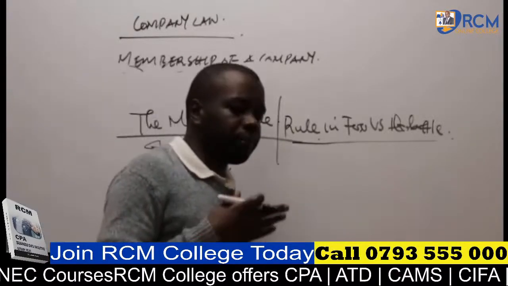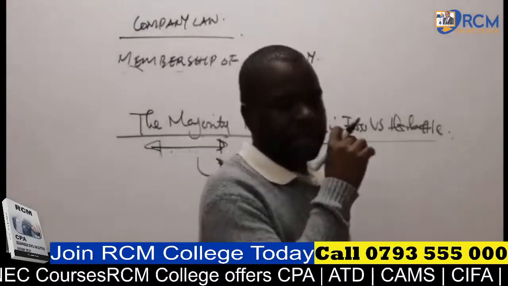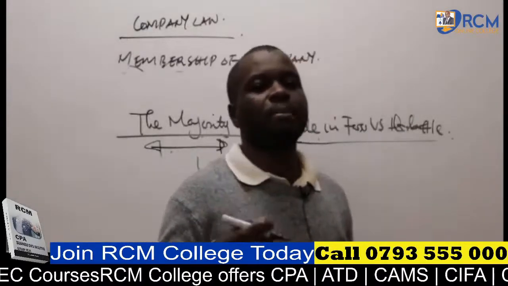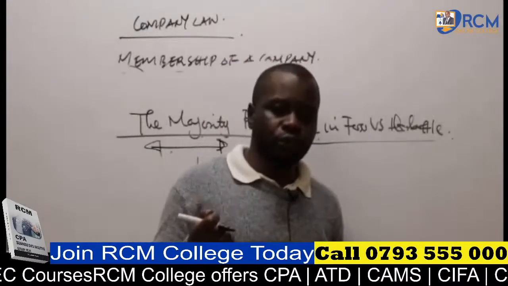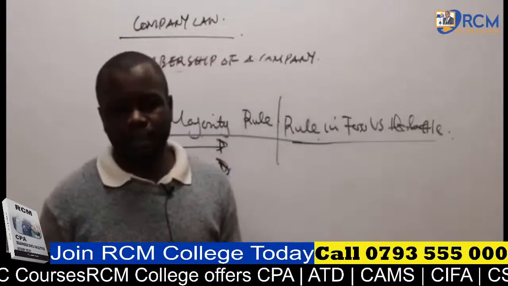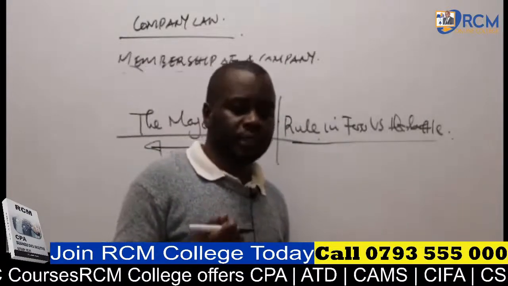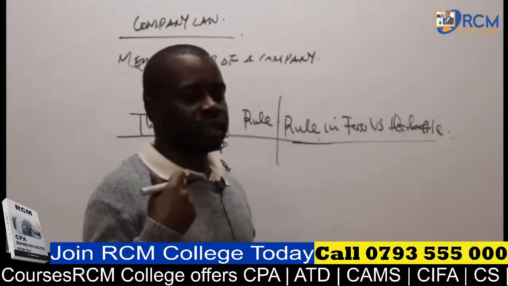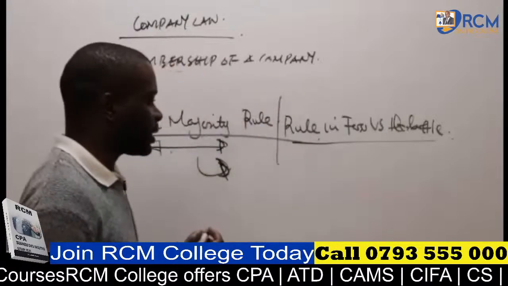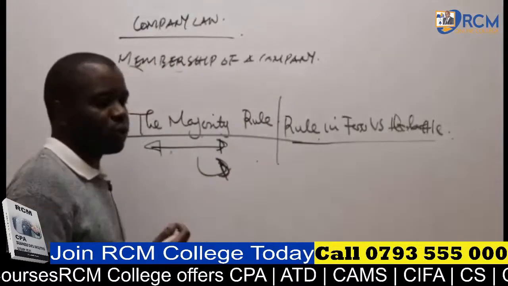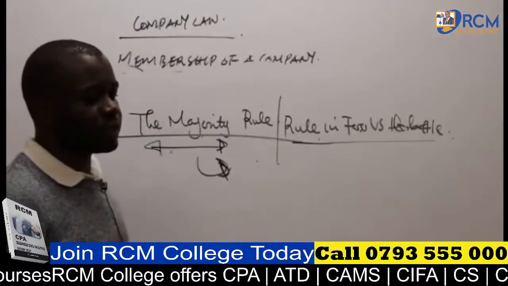Remember, in a company, any resolution or decision is normally taken by members voting or approving at a general meeting of the company. Once the members have met at a general meeting and voted for it, the company will undertake such a resolution or action that has been approved by the members.